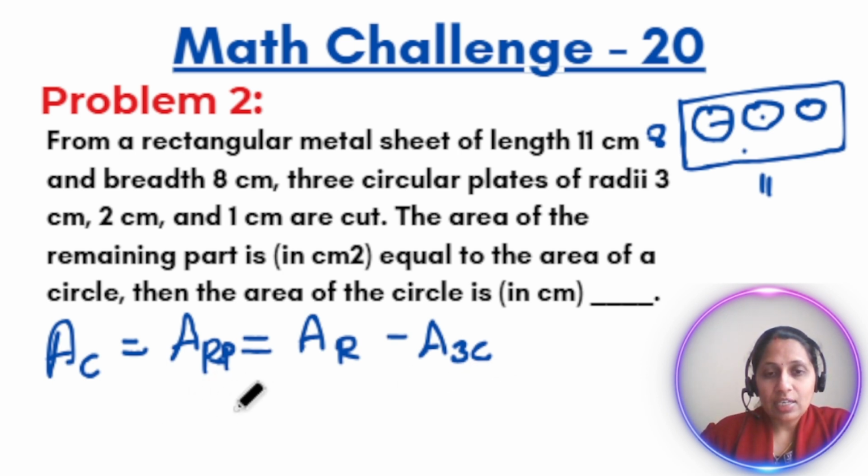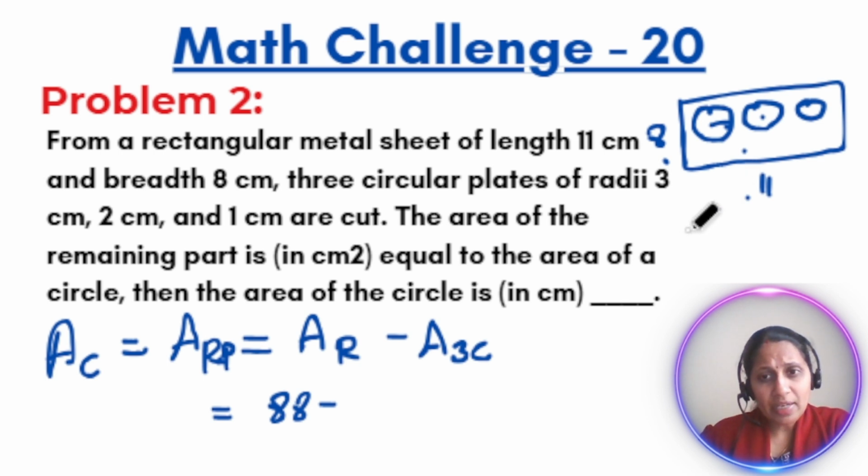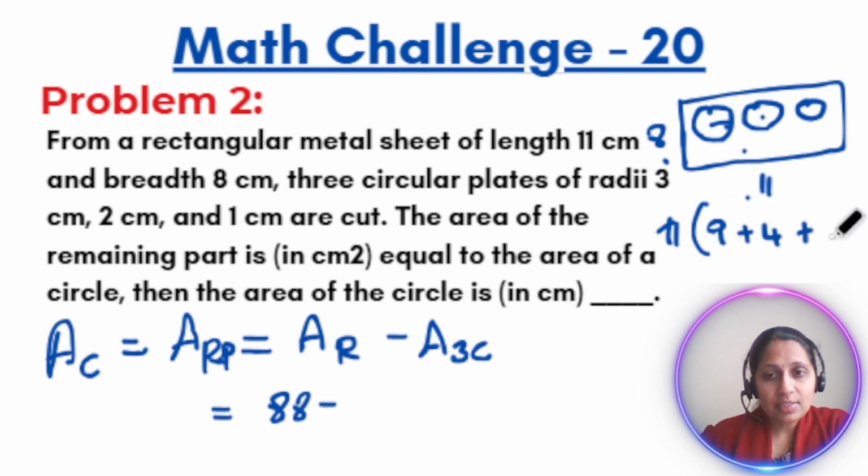So substitute the values. The area of the rectangle is 11 times 8, row into column. So 11 times 8 is 88, minus the area of the circles, which is pi r square. Taking the pi out, r square is 9 plus 4 plus 1, which will give you 14 pi.